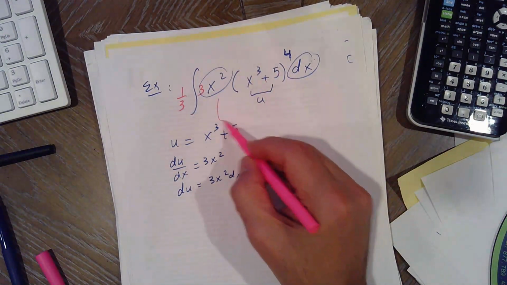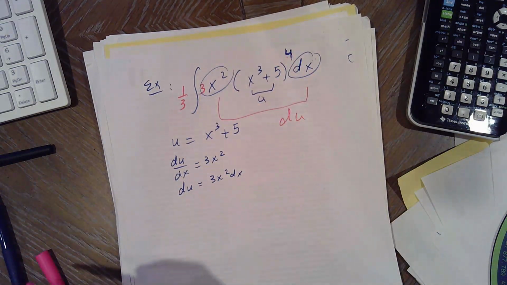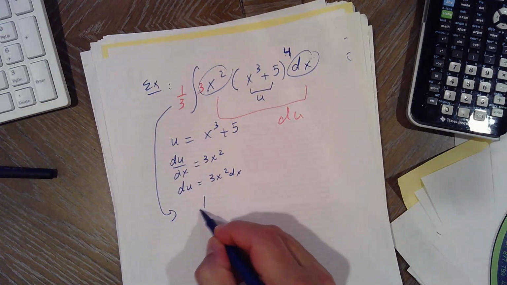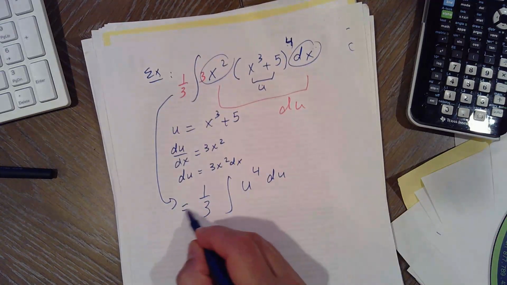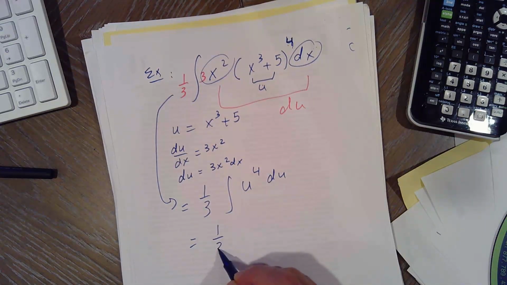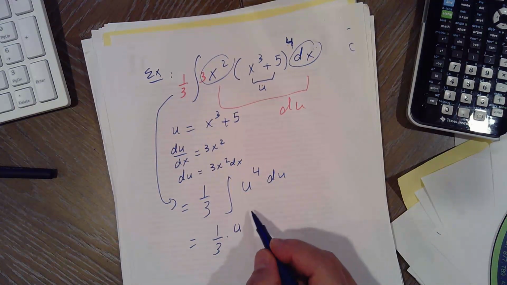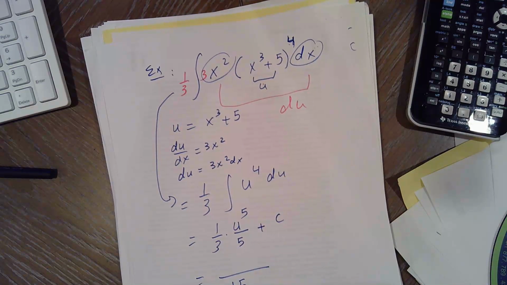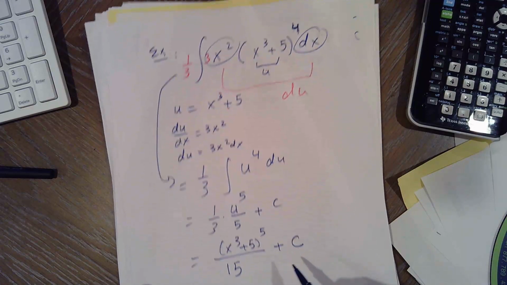So all this is du, and we have u to the 4 and the 1/3 on the outside, and everything is u, no x, so it's 1/3 the integral of u to the 4 du. Using the power rule, this would be 1/3 u to the 5 over 5 plus c. So that's 15 at the bottom. U to the 5 is x cubed plus 5 to the 5 plus c.